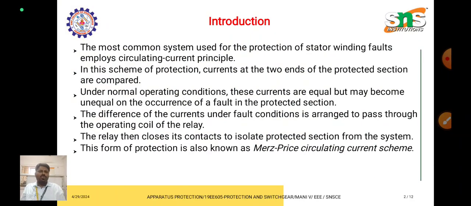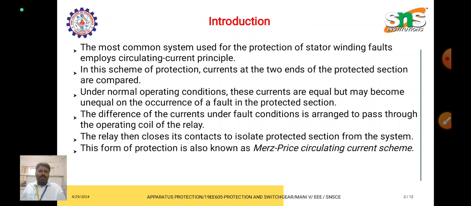The most common system used for the protection of stator winding faults employs the circulating current principle, or it may be called the Merz-Price circulating current scheme. In this scheme of protection, the currents at the two ends of the protected section are compared.